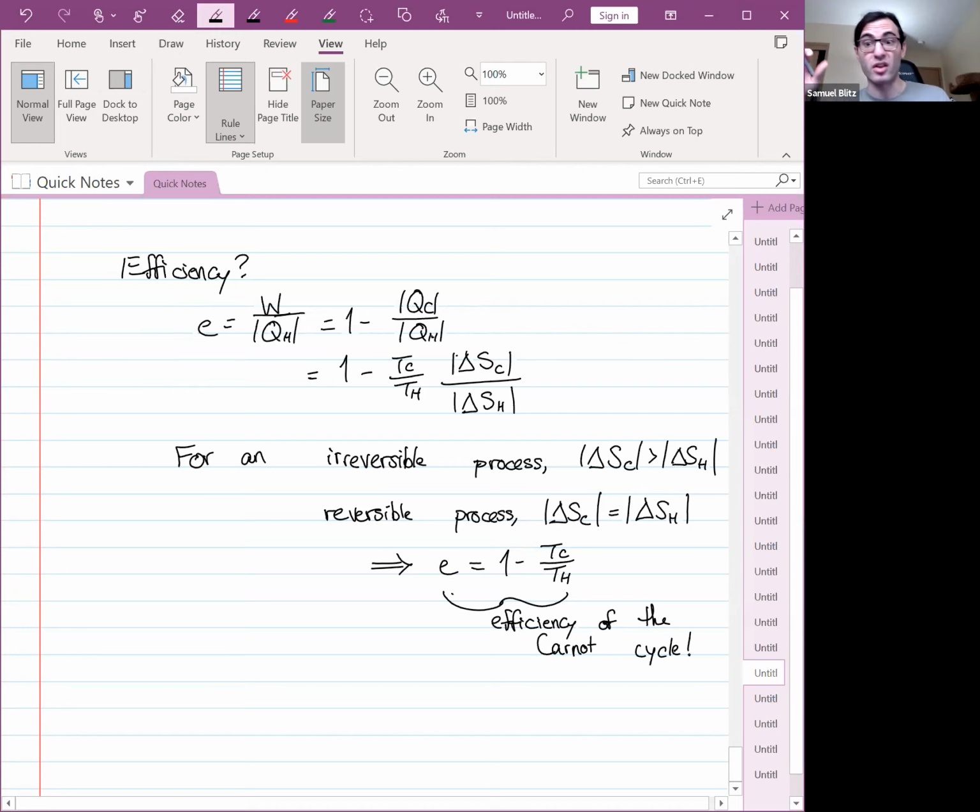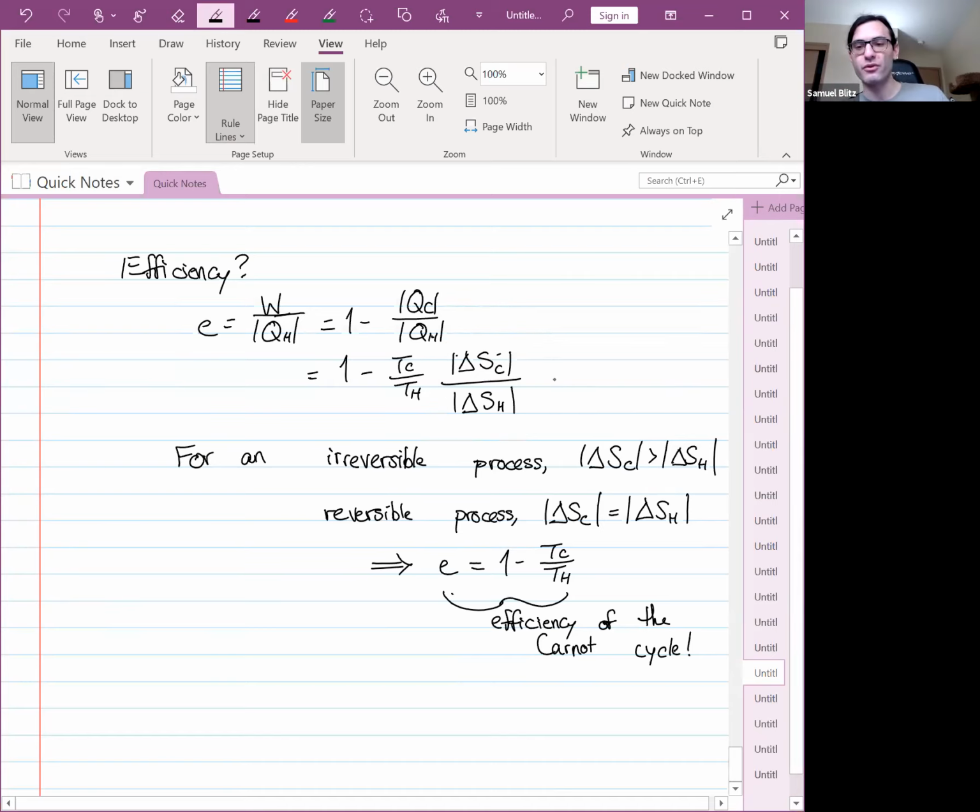You literally can't do better than this; it's physically impossible. Any other engine that is irreversible will have the same decrease in efficiency, Tc over Th, multiplied by a number greater than 1, right? The smallest that ratio can get is 1, and that's precisely the Carnot cycle.